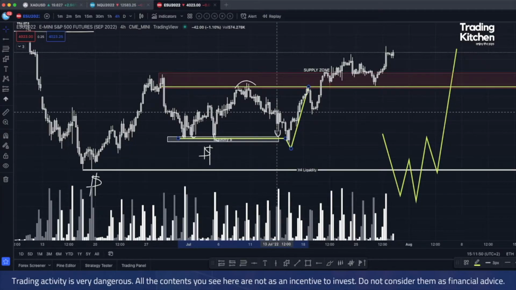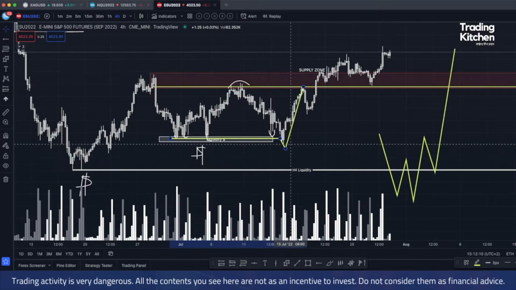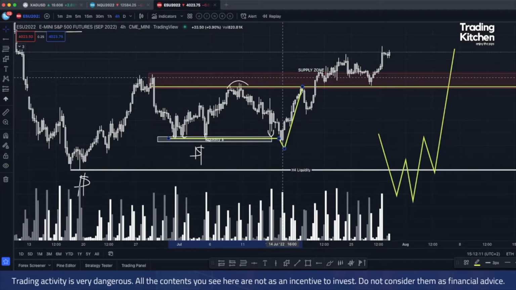Okay, so they take the liquidity here. They open all the sell stop orders. They get the stop loss of the buyers, okay, and then manipulate and go up. Take a look also at the time.